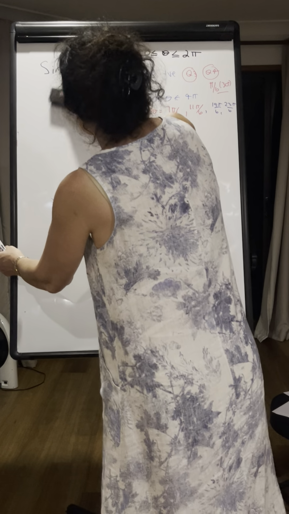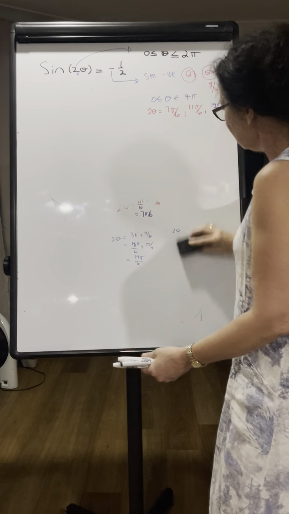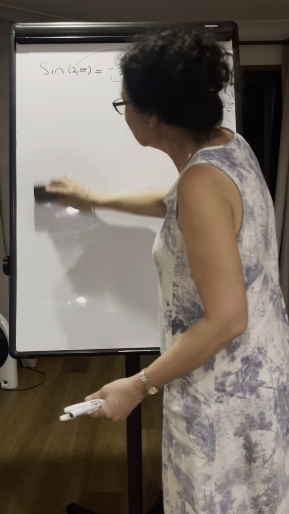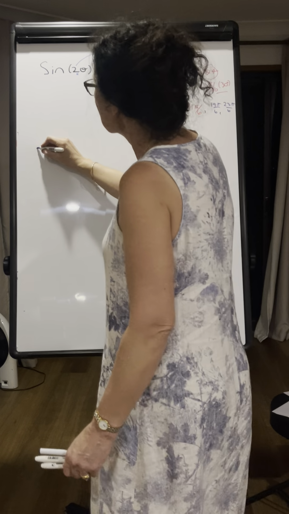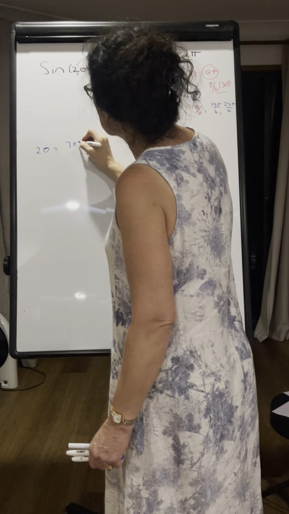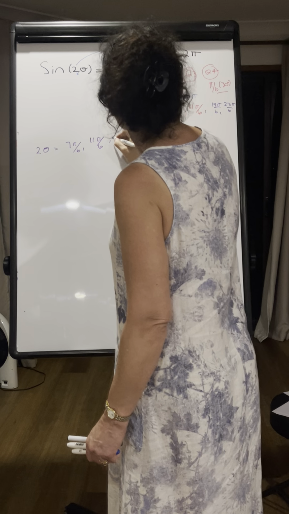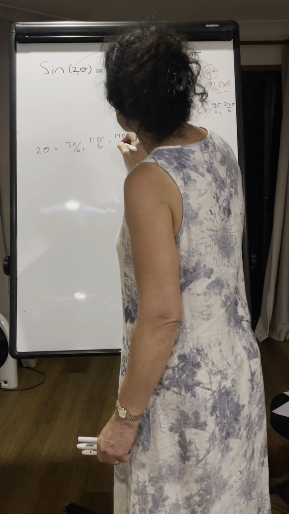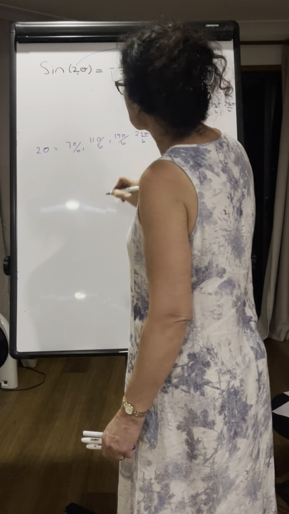And let's have a look at, we've got all those written there, which is nice. And now this is what we do with our 2 theta. So I've got 2 theta is equal to 7 pi over 6, 11 pi over 6, 19 pi over 6, and 23 pi over 6.